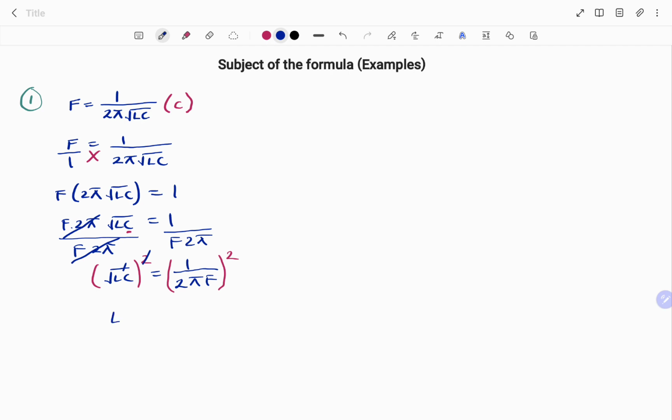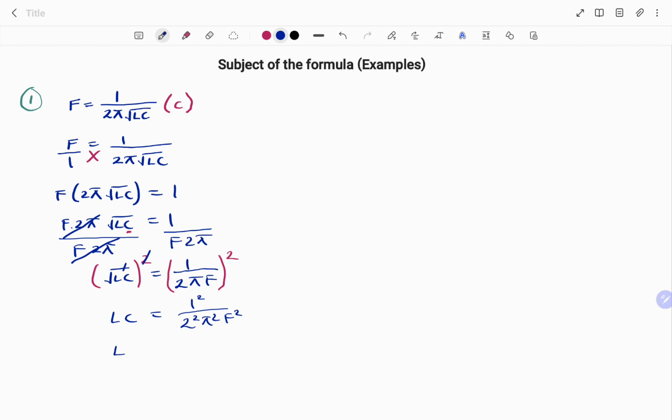I'm left with LC equals 1 over, I can expand. The square outside means every variable or number in the bracket will be squared. So I have 1 squared over 2 squared, pi squared, and f squared. Laws of exponent. Let me tidy that up.